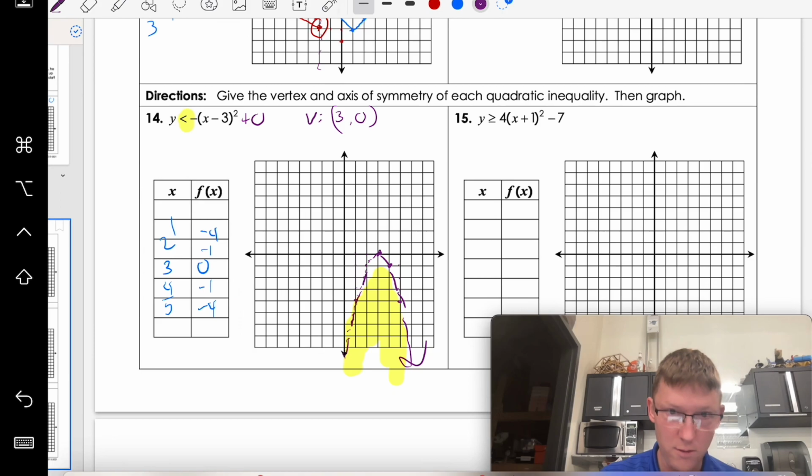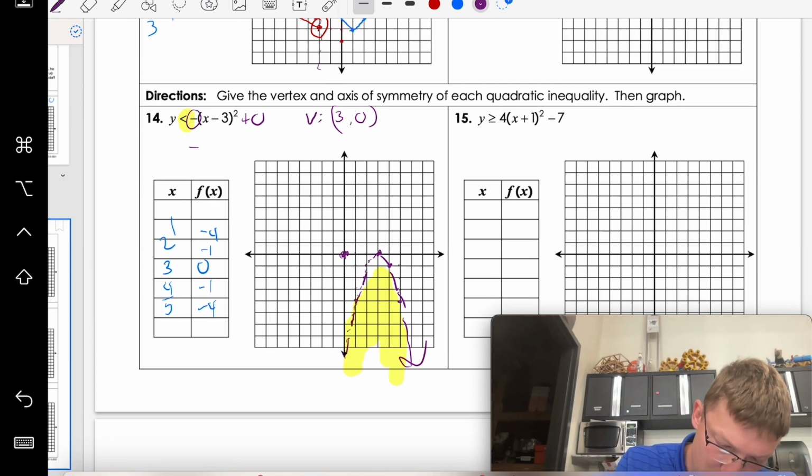And the other method is we can pick 0, 0. And if I plug that into it, we'll get 0 - 3, which is -3, squared, which is +9. Then we have this negative sign out here, so we're going to have -9 plus 0.